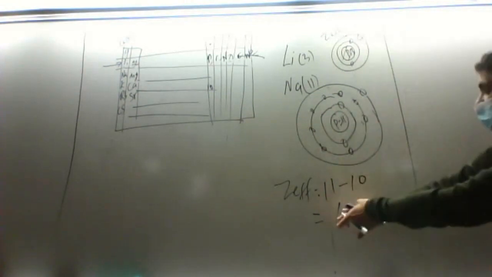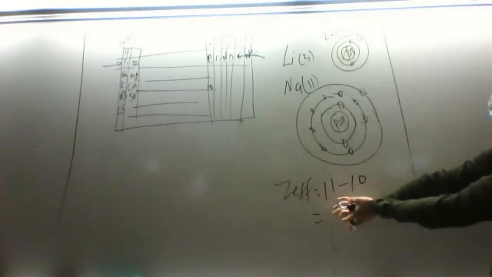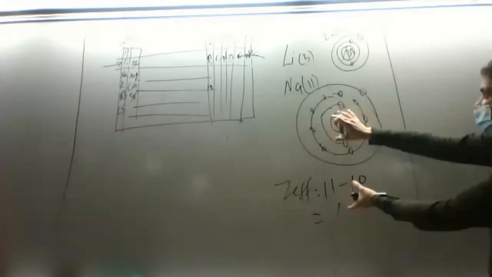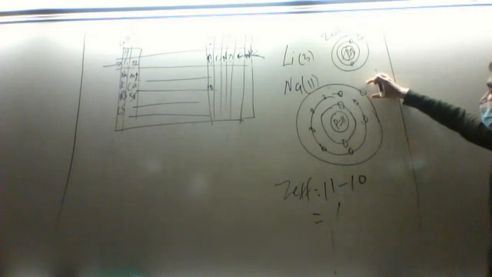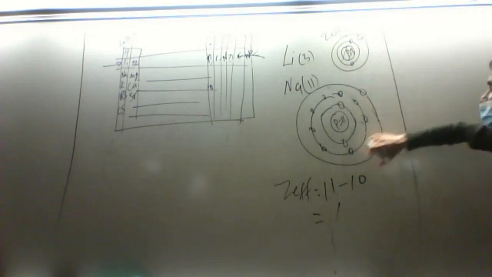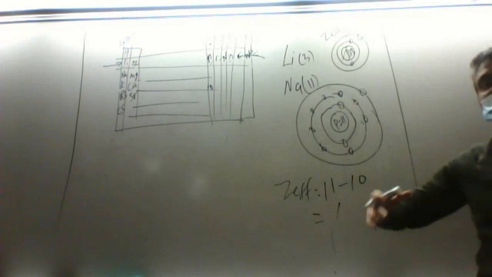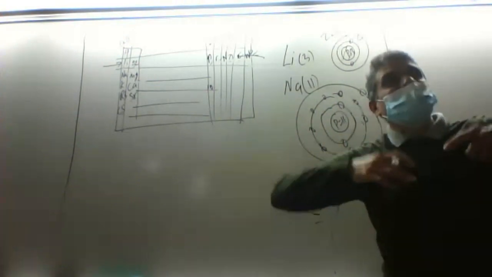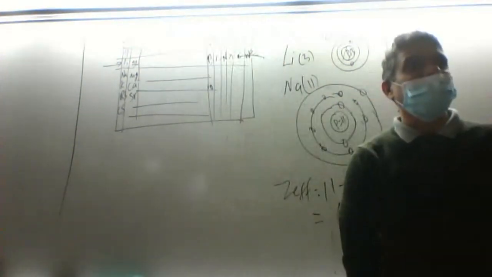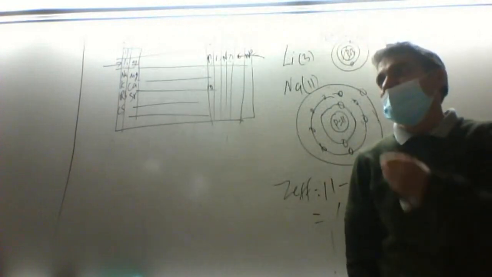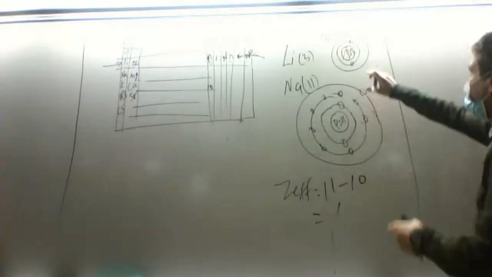Even if there was a bigger effective nuclear charge here, the size of this third orbit is too big, right? So when the electron is added further from the nucleus, that's going to give you a large size of the atom.